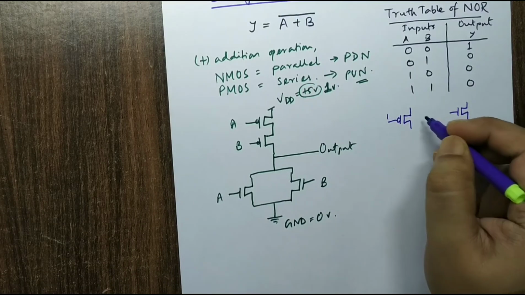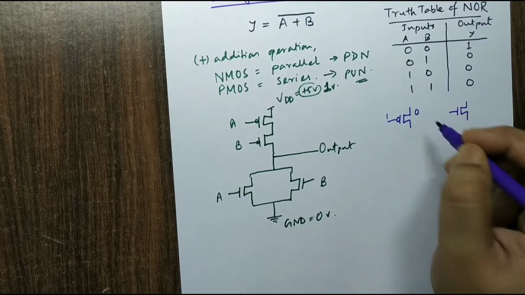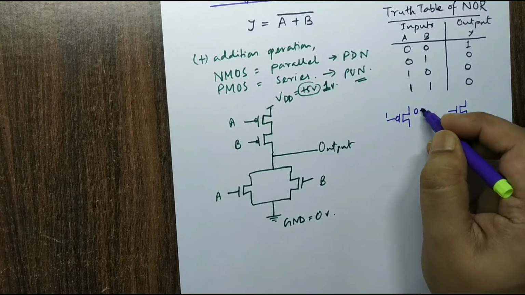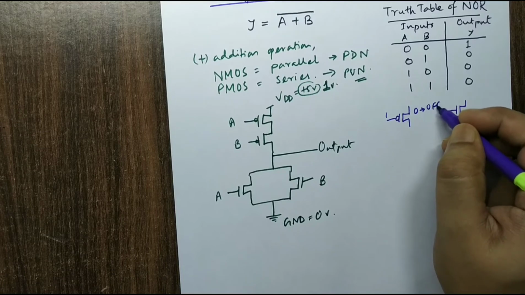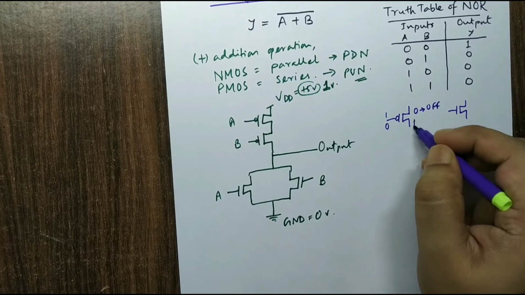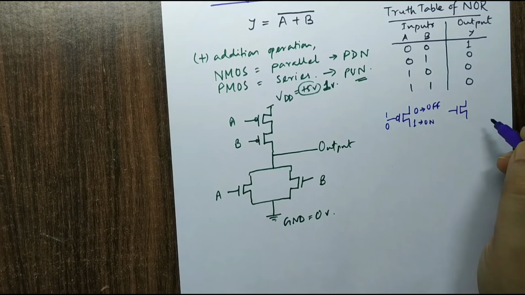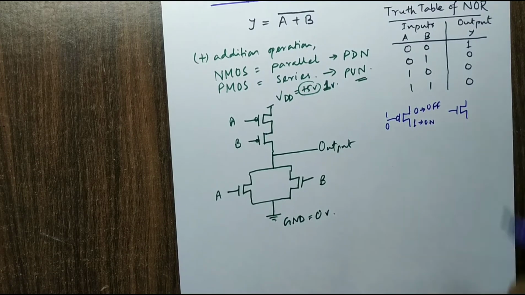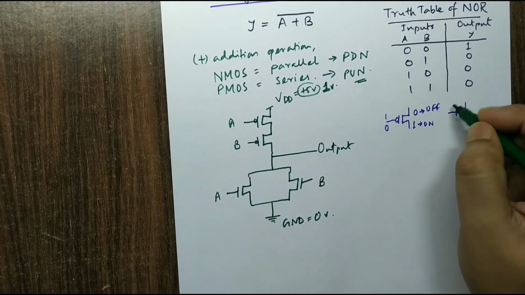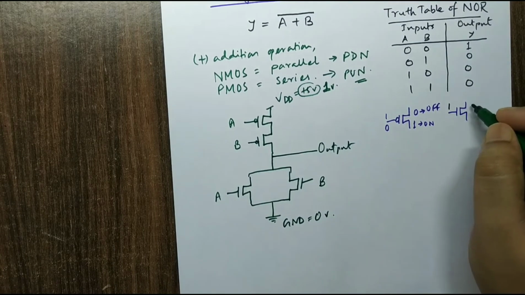If we apply 1, it will give value 0, due to this bubble. If it is giving the value 0, that means it is off. If I apply 0, then it will give 1, that means it is on. Similarly for NMOSes, if I apply 1, what value will it give? 1.